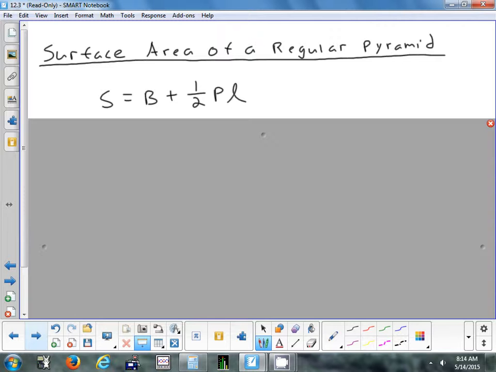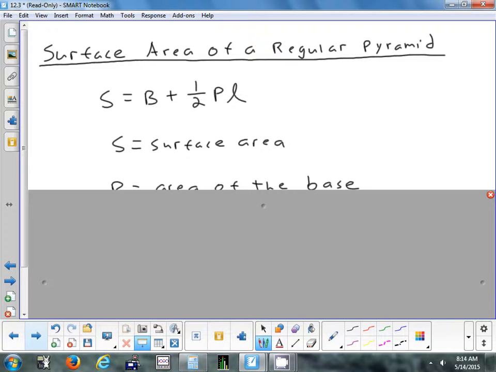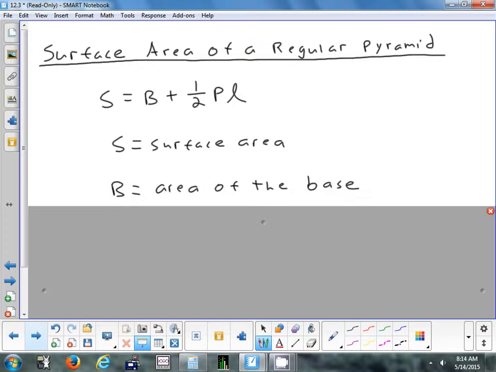Okay, so this is going to be our shortcut to finding the total surface area of a regular pyramid. First, you need the area of the base. That's what B is. Take that area. Then you're going to add the surface area of the 4 lateral sides, and that part is right at the end.